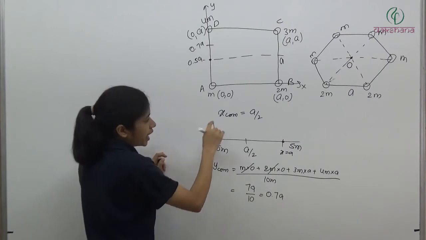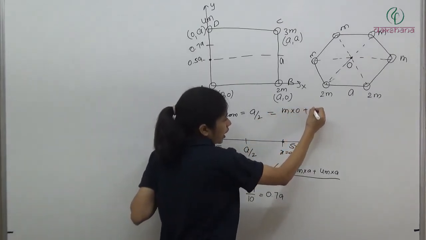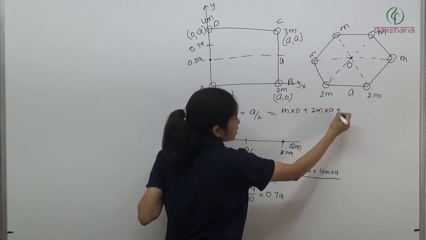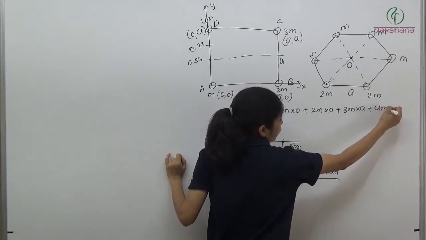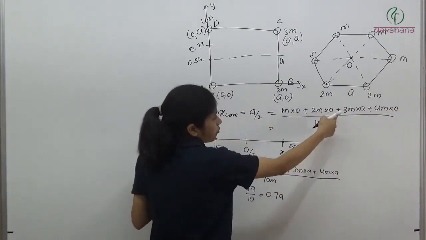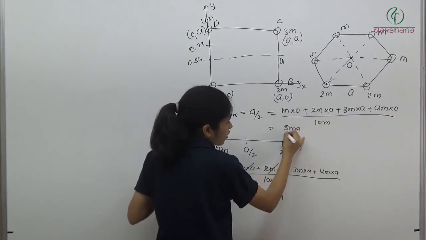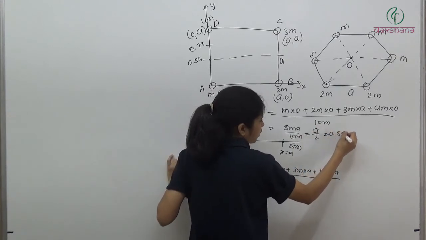If we find the x location in this way, m1x1 plus m2x2 plus m3x3 plus m4x4 divided by 10m, what are we getting? 5ma divided by 10m, which is a by 2, or 0.5a.